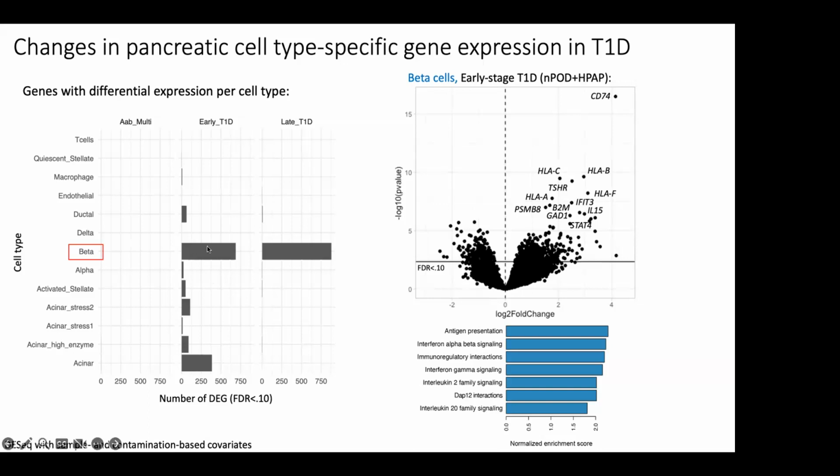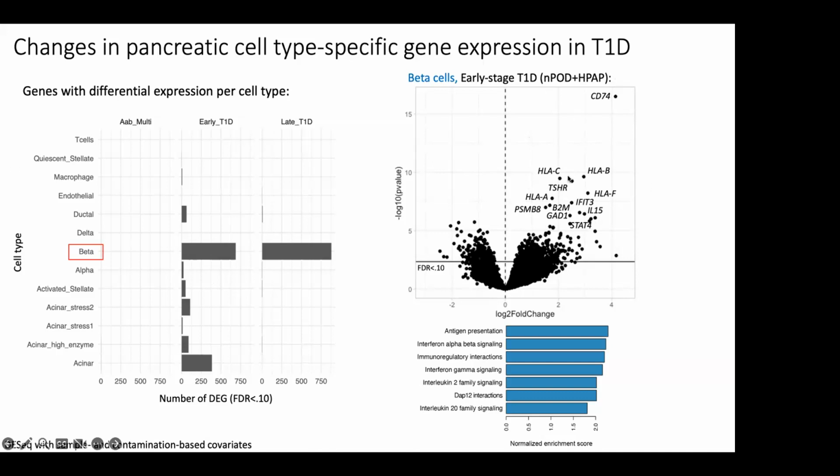But we do find quite a number of changes in the early stages of T1D. And so this is what we're looking at here on the right, the volcano plot showing you genes with up and down regulation in recent onset type 1 diabetes. This is using both NPOD data as well as data available from HPAP publicly.